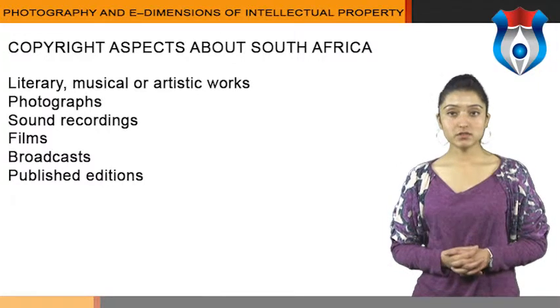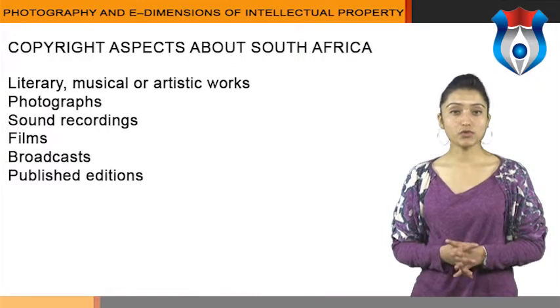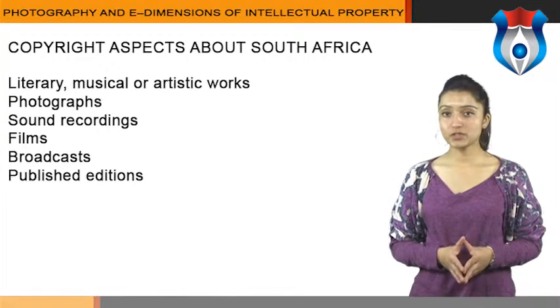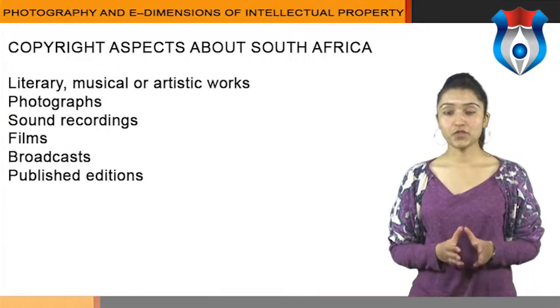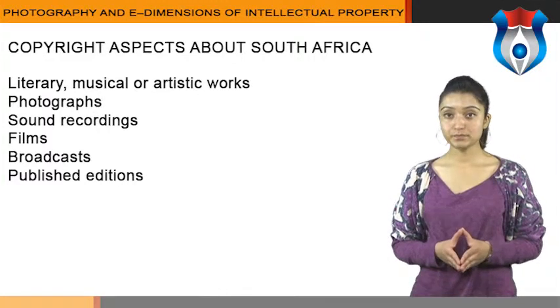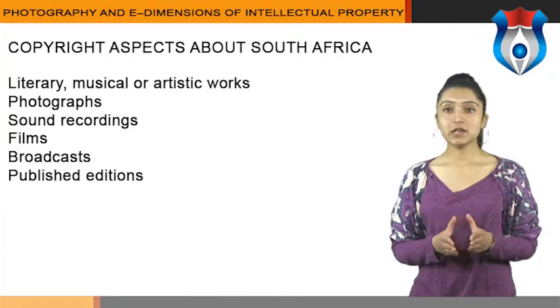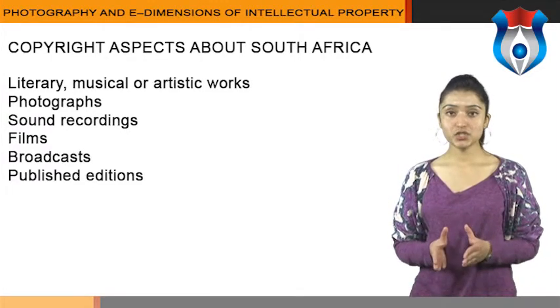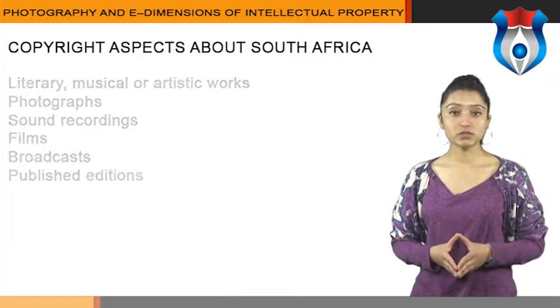Photographs, the person responsible for the composition of the photograph. Sound recordings, the person who made arrangements for the making of the recording. Films, the person who made arrangements for the making of the film. Broadcasts, the first broadcaster. Published editions, the publisher of the edition.